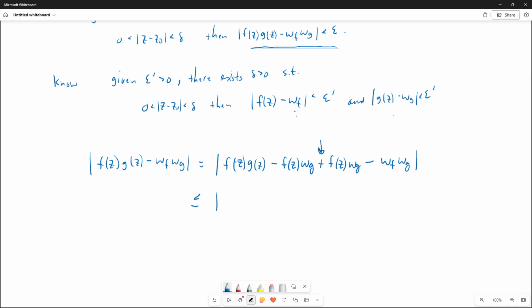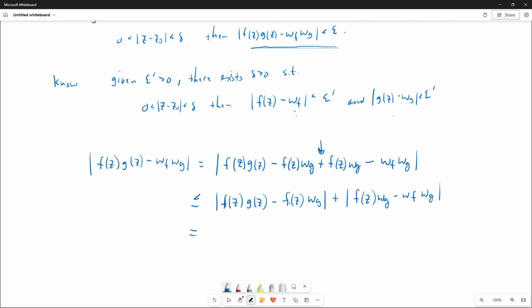So this modulus is less than or equal to the modulus of the first terms before the plus sign, f of z, g of z minus f of z, wg, plus the modulus of the terms after the plus sign, f of z, wg minus wf, wg.